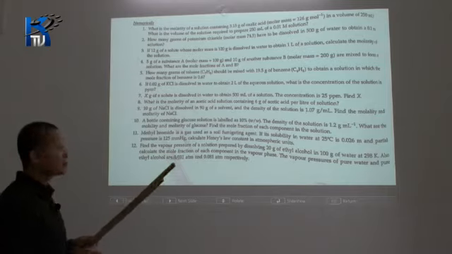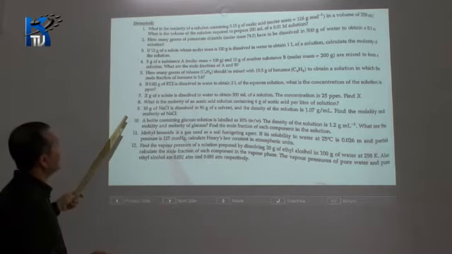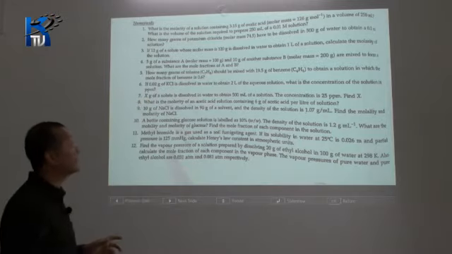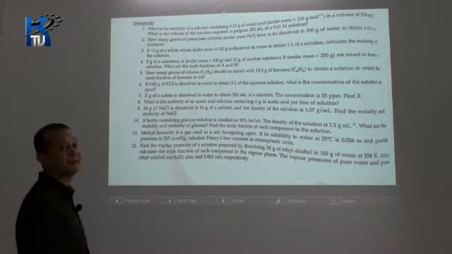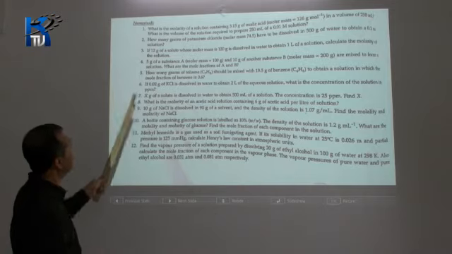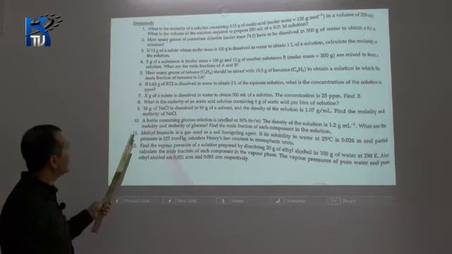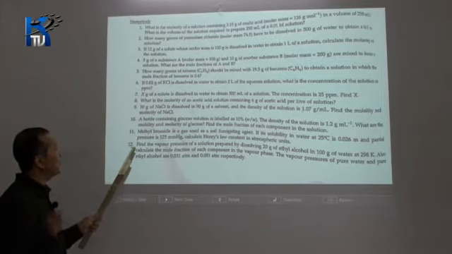There are many other problems which you can attempt, because we have studied molarity and the other forms of concentration in the second lecture. Today we will do question number 11, which is based on Henry's law.